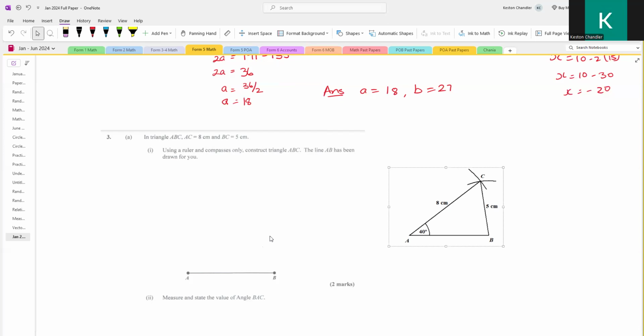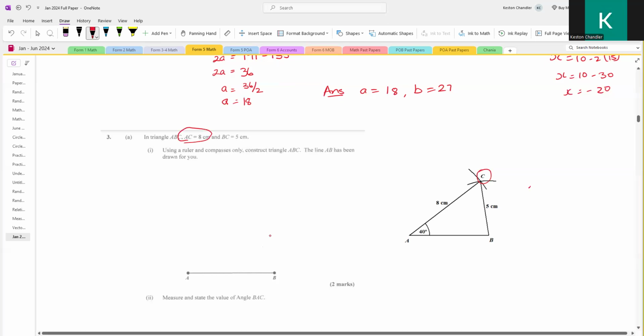So the line AC now, C is our next point. If you look at my diagram here, C is our next point away from A and B, right? So AC is 8 centimeters. All you're doing is you're taking the ruler, you're watching where 0 is, where 8 centimeters is. This will be my compass.